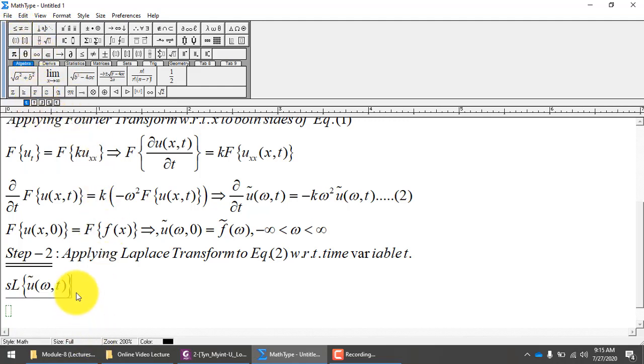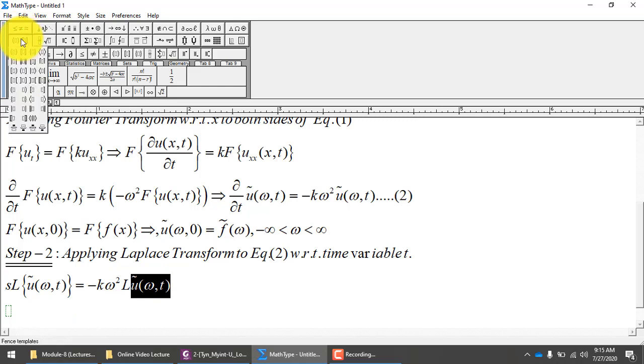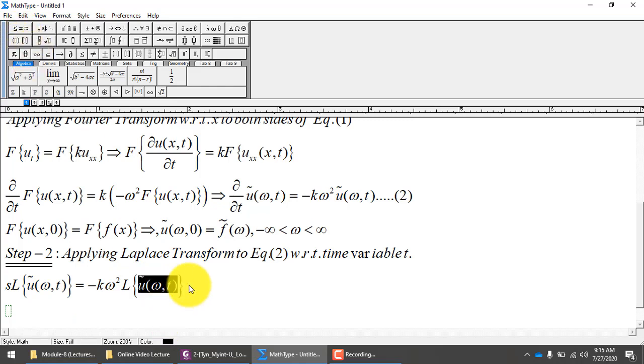So we are applying the Laplace transform initially, equal to minus k omega square, the whole thing, and there is also the Laplace transform as well.